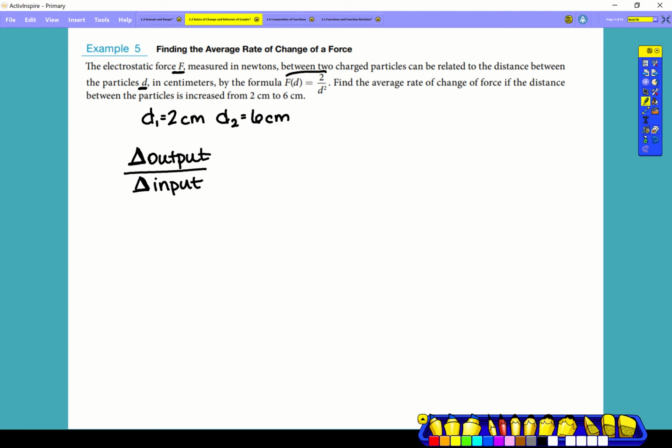So we know we have a formula. And what is our input? Well, it looks like our input is going to be D. So then that's going to mean I have to have my change in D on the bottom. And what's my output? That's F of D. So I'm going to have that change on the top.